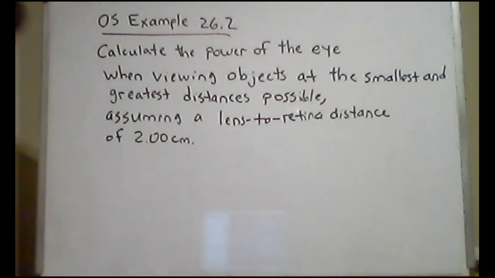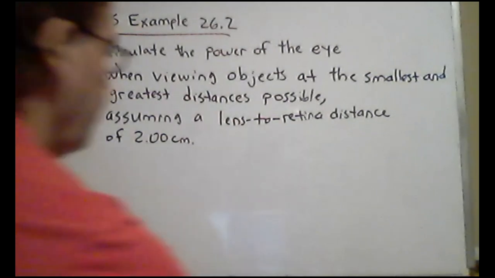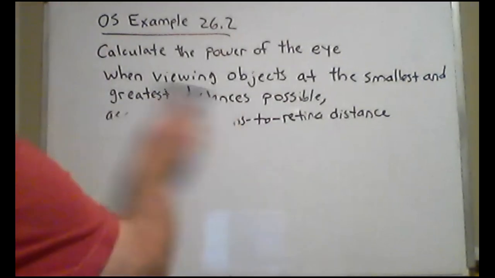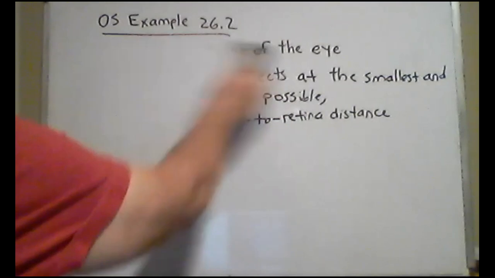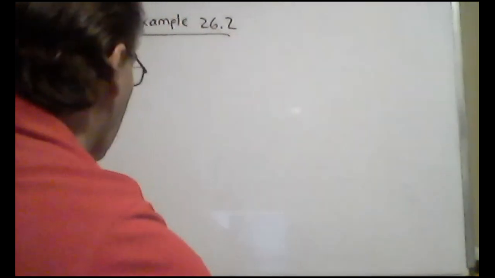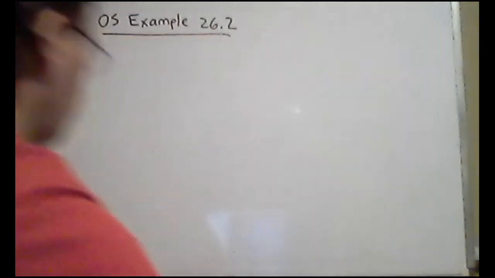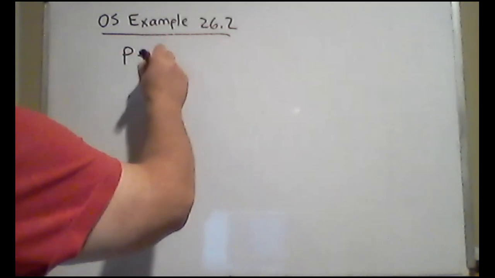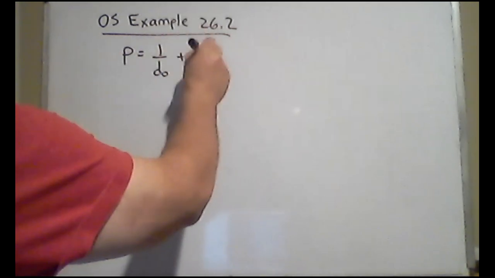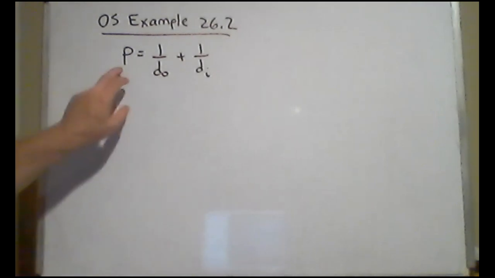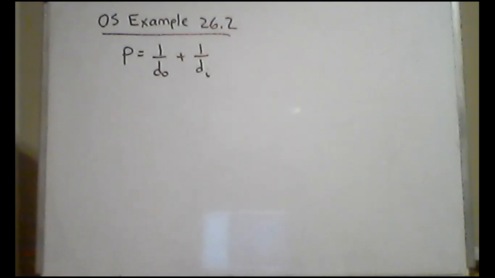All right, so we start off with the eye doctor's lens equation. That is, P, the power, is 1 over D sub O plus 1 over D sub I. Of course, when you're talking about diopters, you have to have D sub O and D sub I in meters.